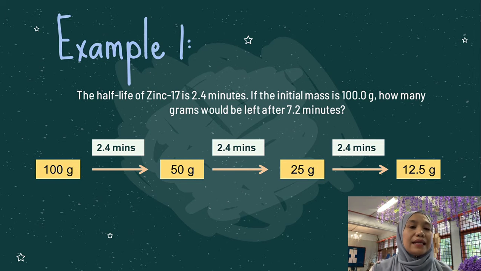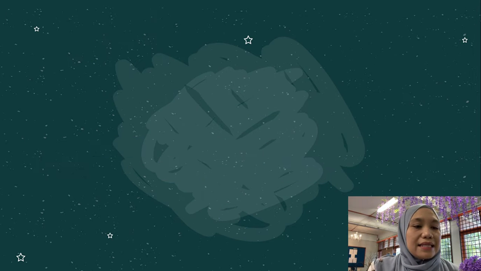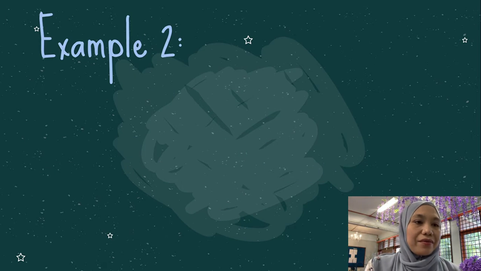So we can add all the half-lives: 2.4 minutes plus 2.4 plus 2.4 minutes, we get 7.2 minutes. So 7.2 minutes equals 3 half-lives, and the remaining radioactive nuclei is 12.5 gram.